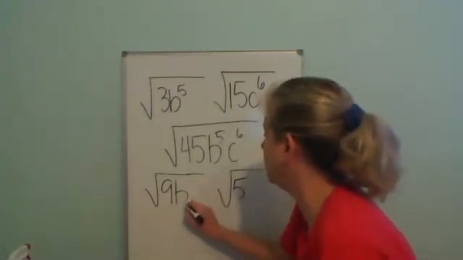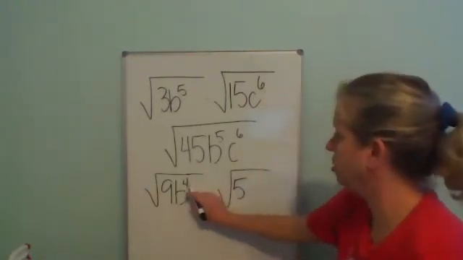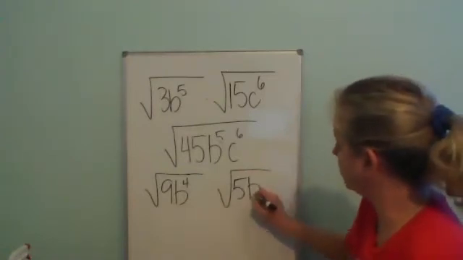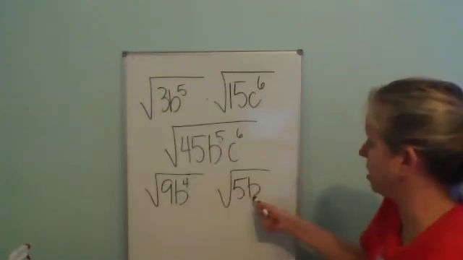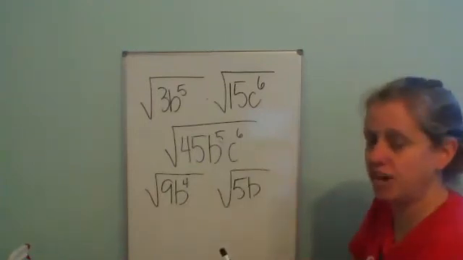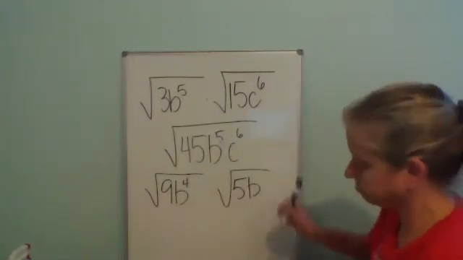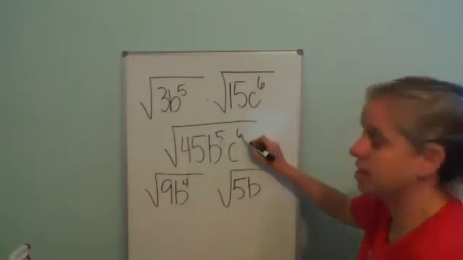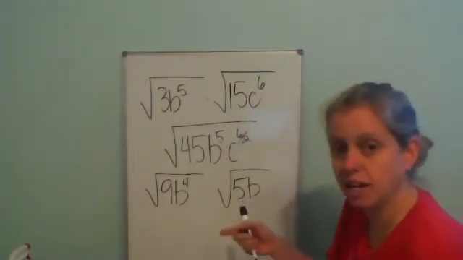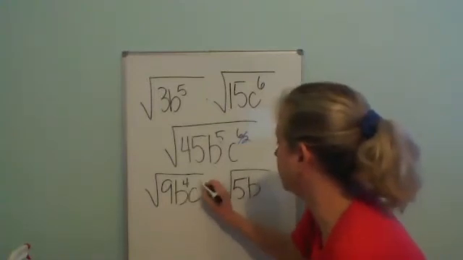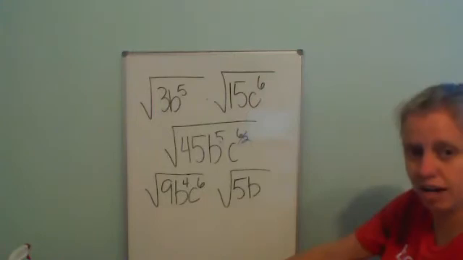So I'm going to put b to the 4th there because that can divide by 2, which will leave me with 1 left over in the trash, because b to the 4th times b gives me that b to the 5th. So again, I put 4 here, which left me with 1 in the trash. Now look at your c's. Can you divide this exponent evenly by 2? You can, which means all of the c's can come here. So all of c to the 6 comes in your perfect square radical.